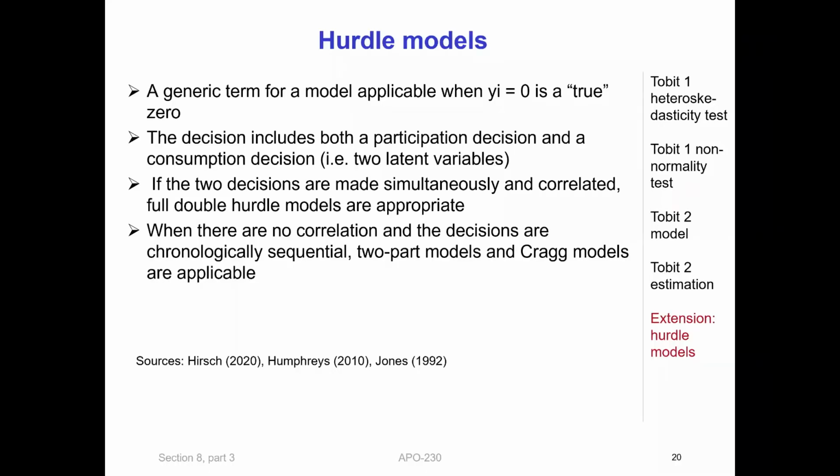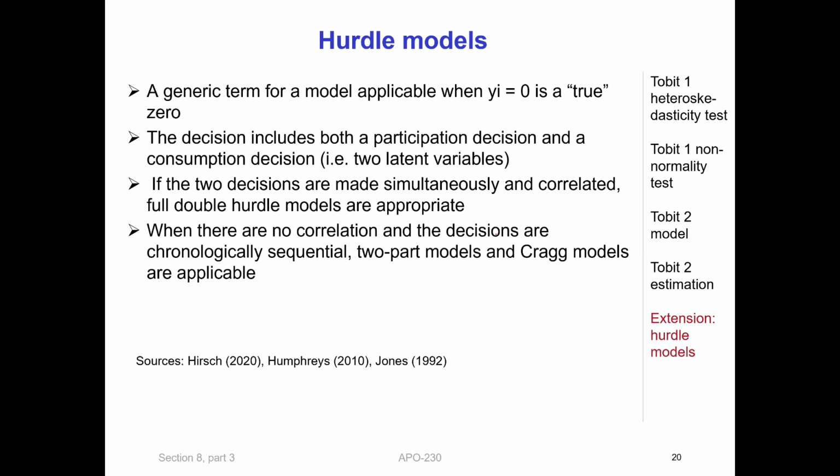Okay, so we have seen that the Tobit 1 model is suitable for corner solution zeros, but quite restrictive. So there are other models which are more relaxed in the assumptions, and these models are usually called the Hurdle models. Hurdle models are a very generic term, and it includes many other models inside, but let's go with this generic term first.